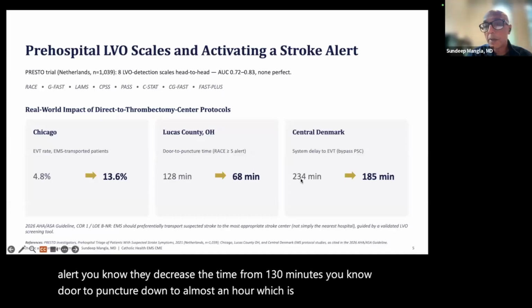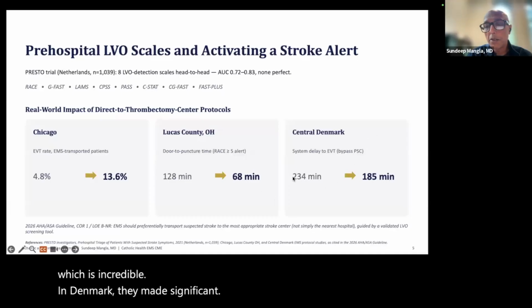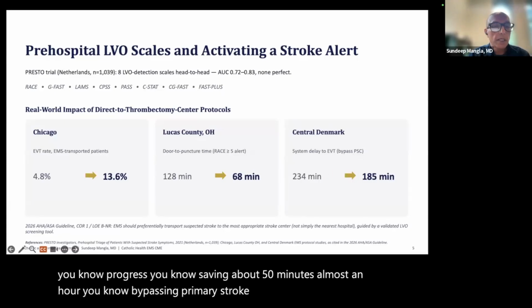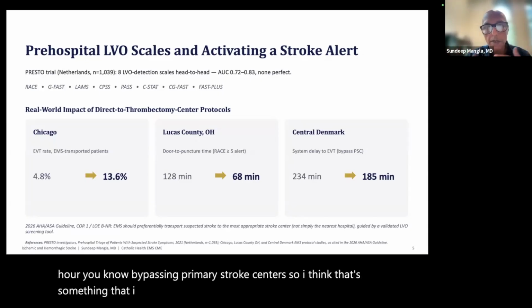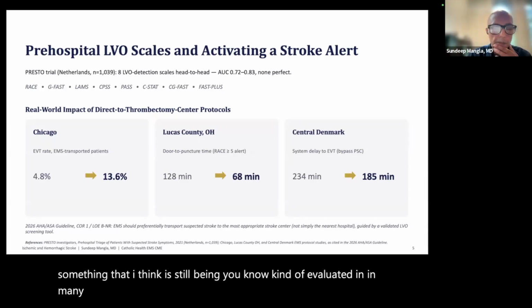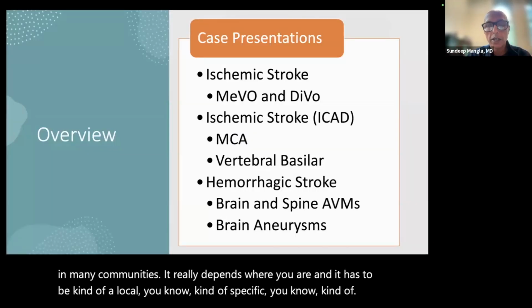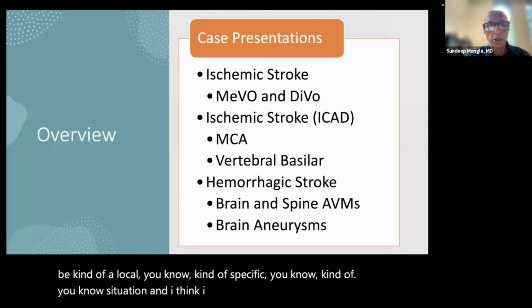In Denmark, they made significant progress, saving about 50 minutes, almost an hour, bypassing primary stroke centers. I think that's still being evaluated in many communities. It really depends where you are, and it has to be a local, specific situation. I think it's good that we're exploring that in Long Island as well.